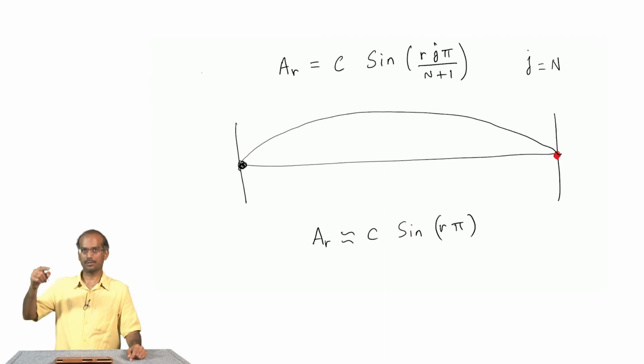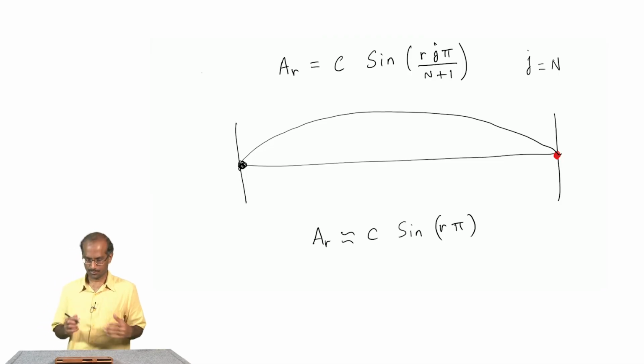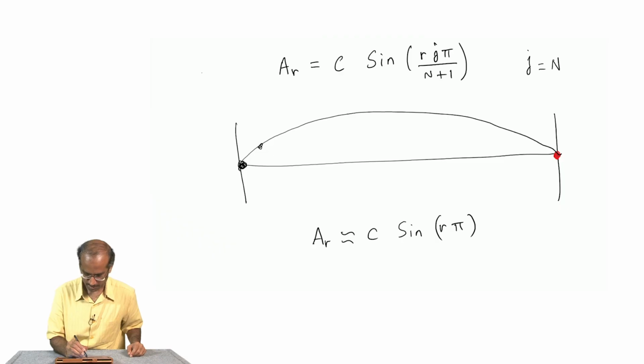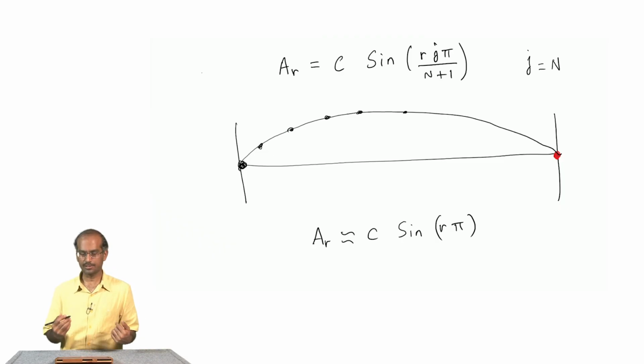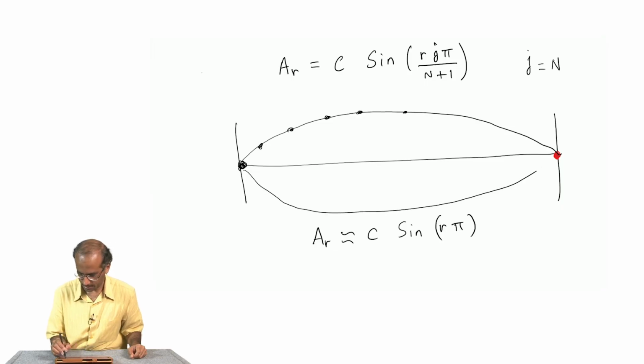So, this is for the alternate sequence of particles, which might probably be something like this. Now, you can do a similar analysis for A r plus 1, and it will tell you that the equivalent profile might look something like this, and that would correspond to particles here.